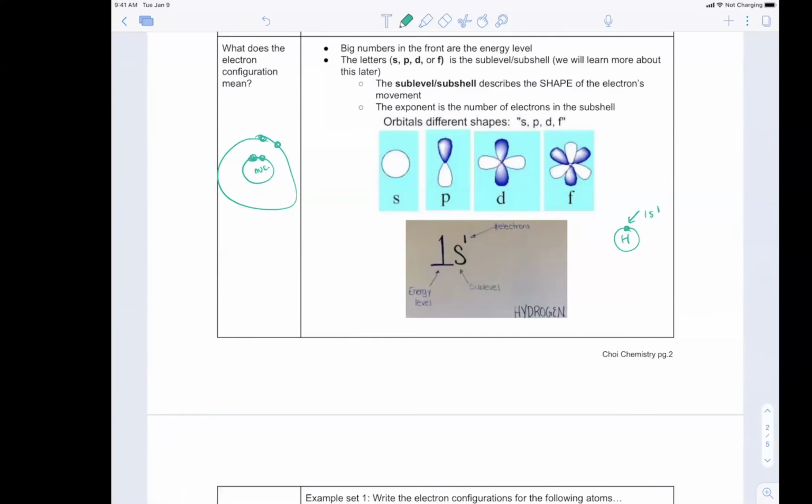If we draw the Bohr model for helium, you could see here, this would be 1s2. So again, energy level 1, both of these electrons are at energy level 1. They're both in the S sublevel, so they both move in a sphere-shaped pattern. And then it tells you the number of electrons that you have, so 2. So the exponent is always your number of electrons.